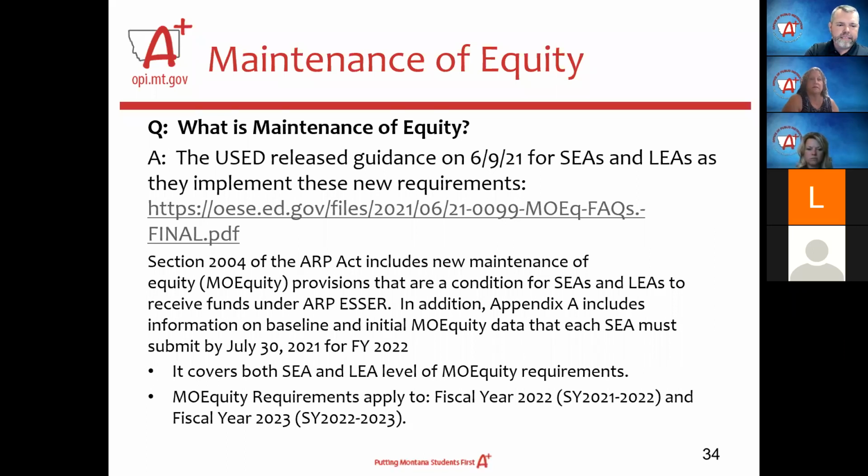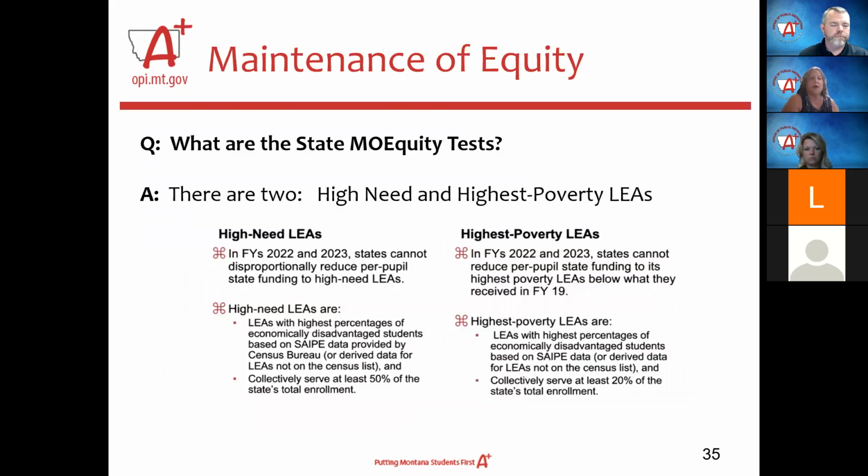So it covers both state and local level maintenance of equity requirements, and the maintenance of equity requirements apply to fiscal year 2022 and fiscal year 2023. What are the state MOE equity tests? Yeah, so there are two: high need and highest poverty LEAs. So high need LEAs: in fiscal years 22 and 23, states cannot disproportionately reduce per pupil state funding to high need LEAs.